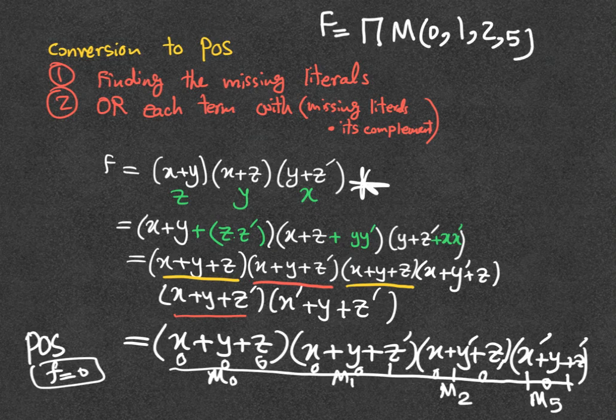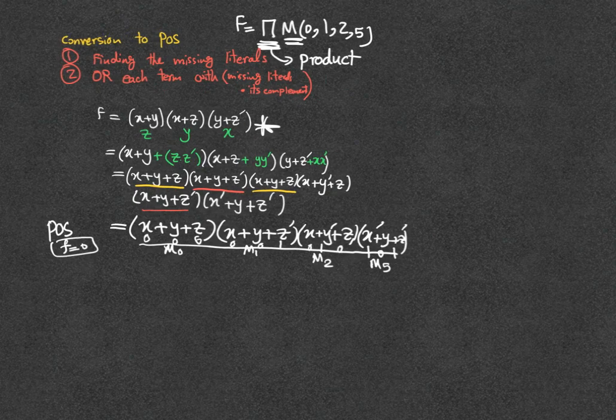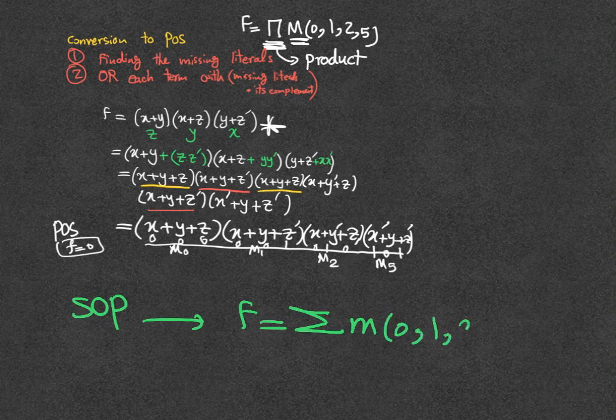For POS, you write down this symbol, which is the product symbol, and then you write down the max terms with a capital M. In SOP, you show it by something like this: F is the summation of min terms, with a lowercase m, so let's say 0, 1, 2.